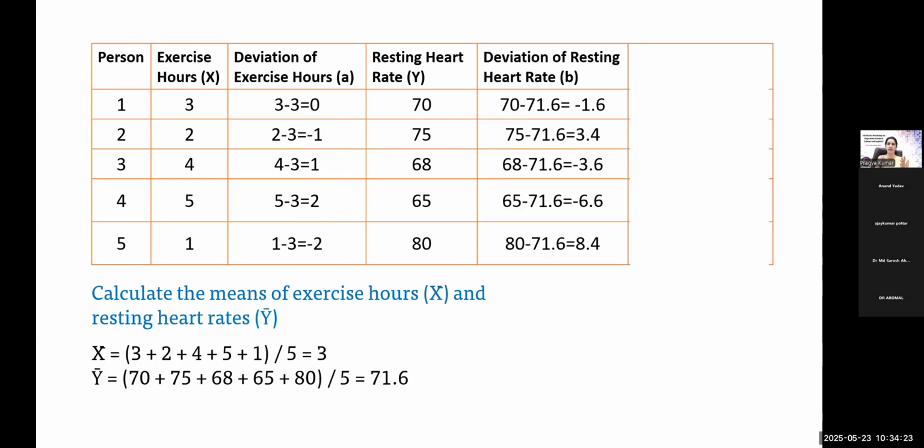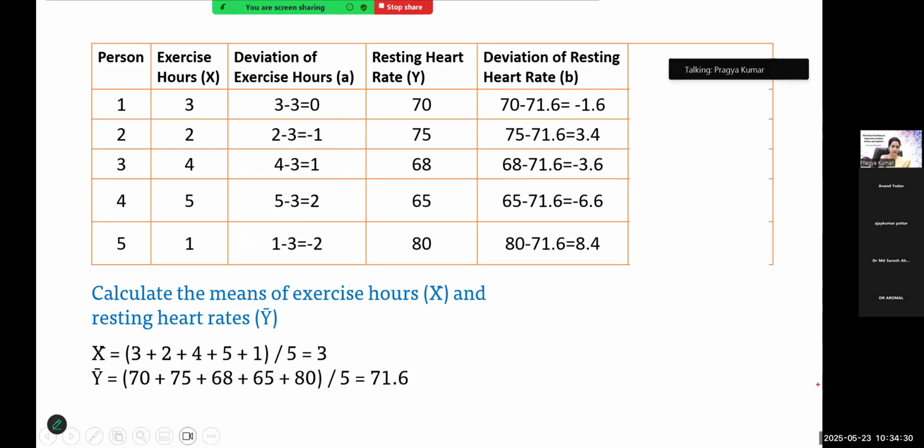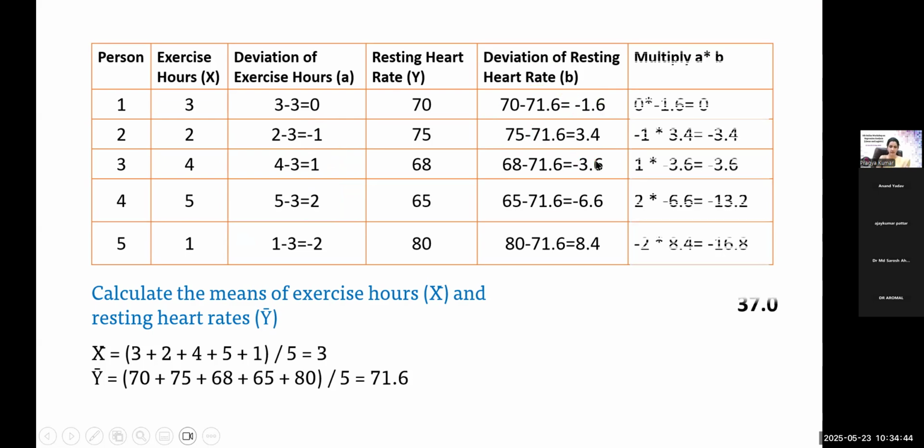Again, if you see the deviation for the resting heart rate variable, I deducted the mean from each individual data point. That's why you will see a minus sign here, and here also a minus sign. Then I multiplied these two values, like this 0 and this 1.6.